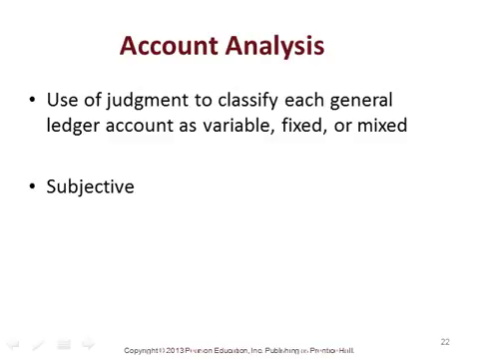So, for example, I might look at my depreciation expense and say, well, that's a fixed cost because I bought an asset, and unless I sell that asset, it's going to be difficult for me to impact that cost, versus perhaps direct labor, which I would look at as an expense on the general ledger and say, well, that's a variable cost because it should change, and I do have a way of impacting that more directly. So account analysis, again, we're just going through the general ledger, and account by account, we're determining whether it's a fixed cost or a variable cost, and for that purpose it is very subjective.